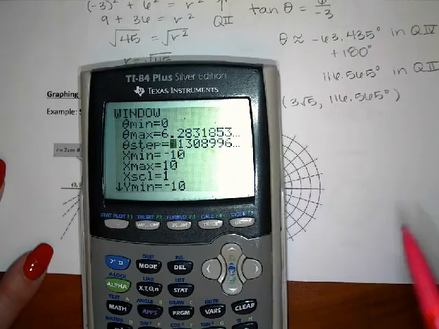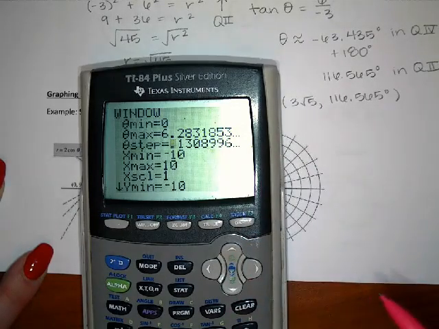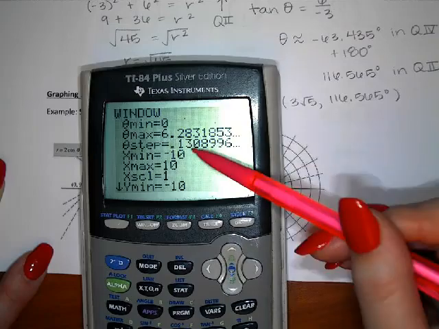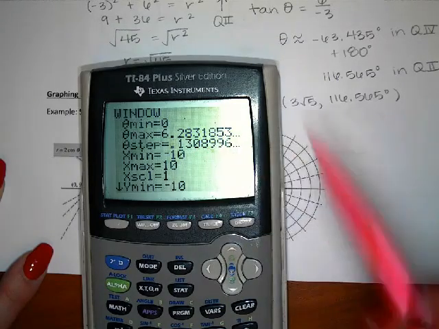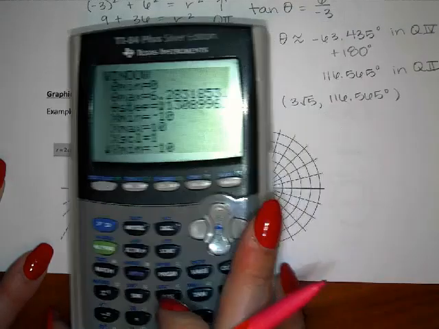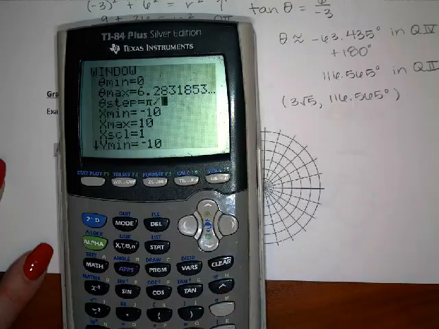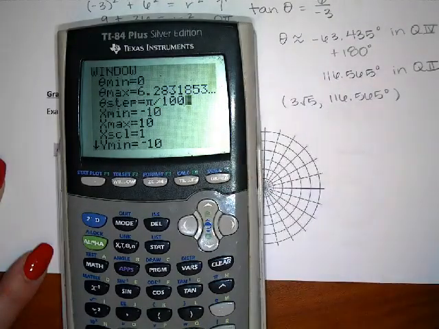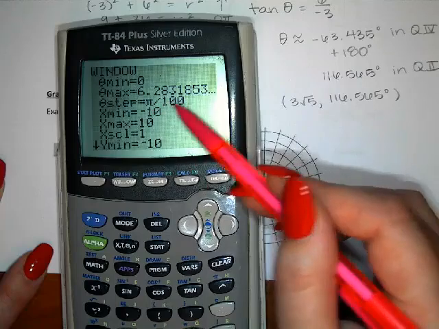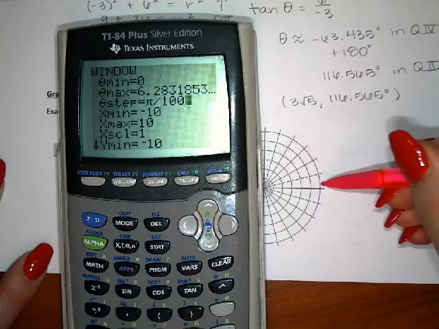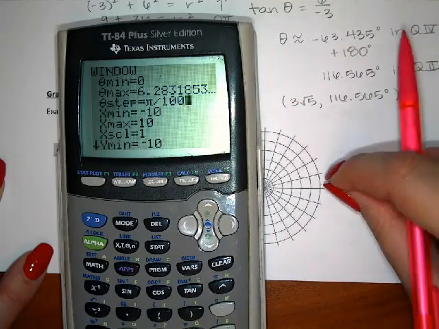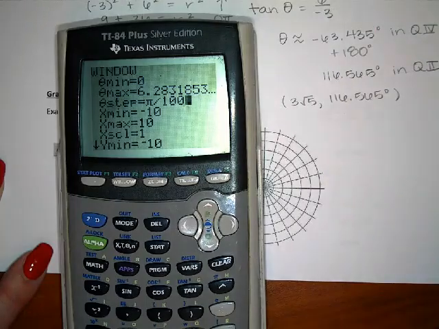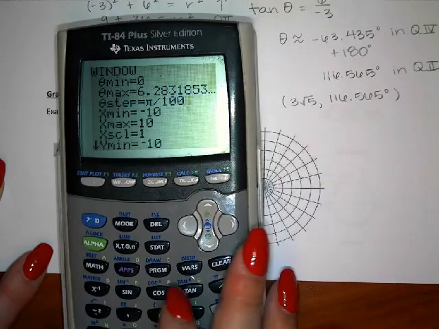If you have a smaller value, it's going to look a little bit better. So I'm going to put pi over 100. I usually try to do a fraction that's pretty small, not because I literally want these little pieces to be pi over 100 big, but just because it makes a nicer looking graph. I'll show you the difference in a second.